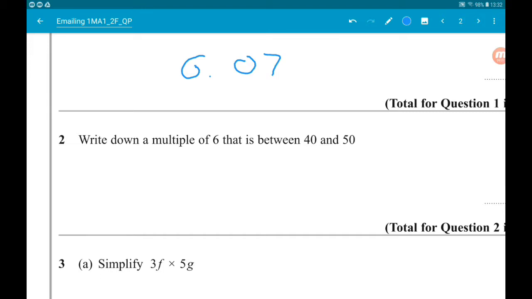It says to write down a multiple of 6 that is between 40 and 50. A multiple means a number in that times table. So we have two possibilities, either 42 or 48.